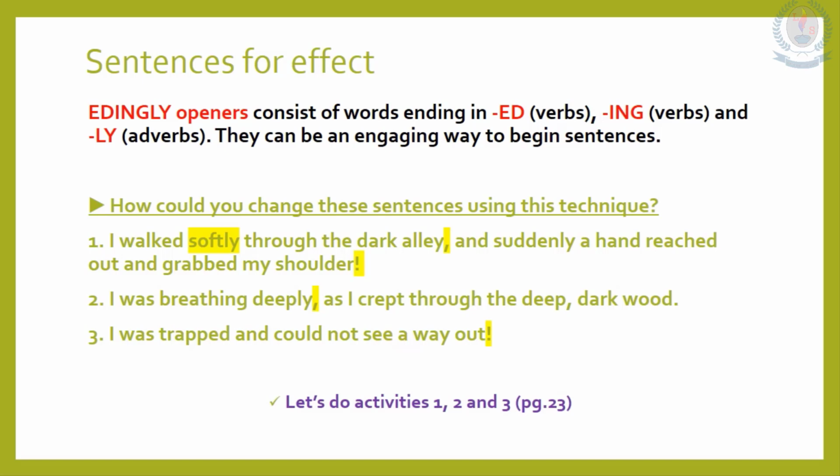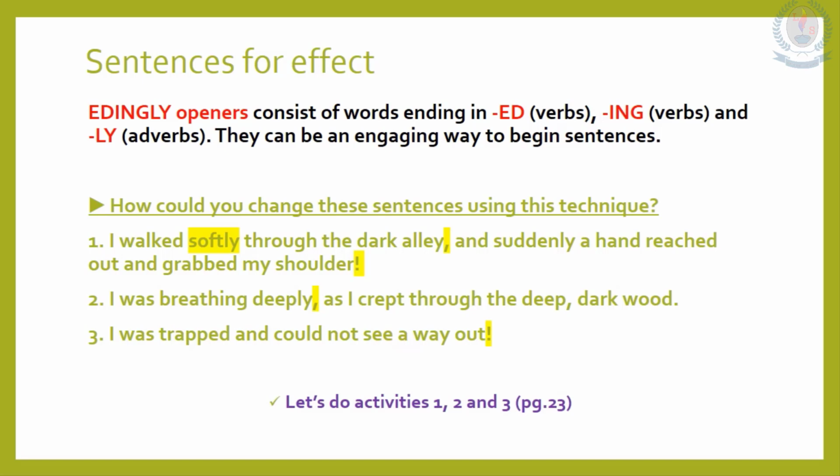So your book gives this new word called 'edingly' openers, for varying sentence starters for impact, right? Edingly openers consist of words ending in ed, which are verbs, ing, verbs again, and ly, adverbs. Can you see how 'edingly' is made? E-D, I-N-G, L-Y. Ed and ing for verbs and ly for adverbs, right?